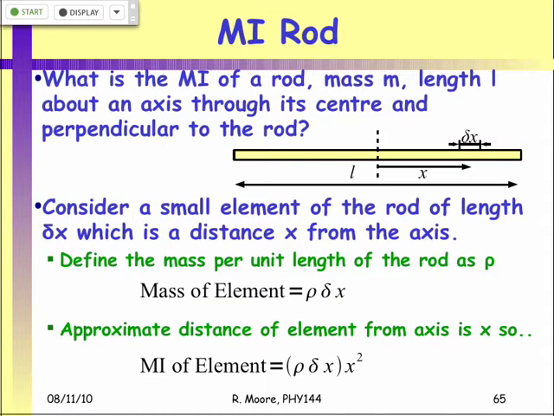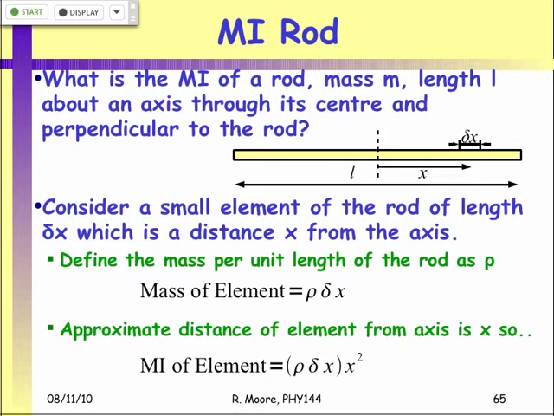Okay, so the trick with calculating the moments of inertia is you break it down to a little element, and then you integrate that element over the entire thing that you're taking the moment of inertia of. So the element that you break it down to has to be something that you know the moment of inertia of, and then you can add all these moments of inertia together for all these little elements by integration, right?